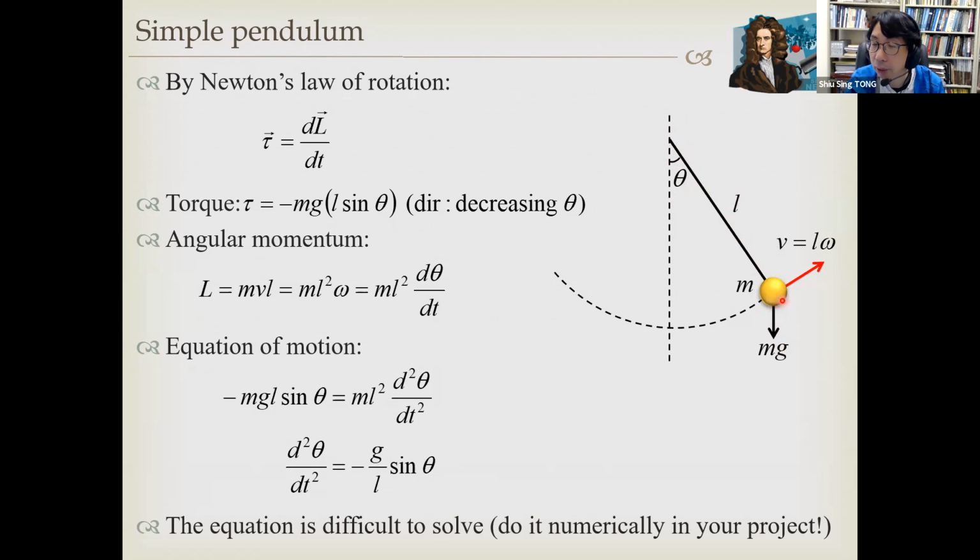Now it's easy to calculate. We can notice that the weight is vertically downwards, right? So weight is mg, and the line of action of the weight is at a distance from the pivot point, the fixed point O here, of L sine theta.